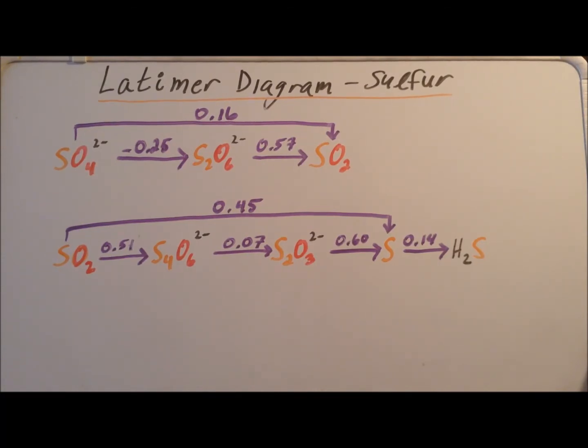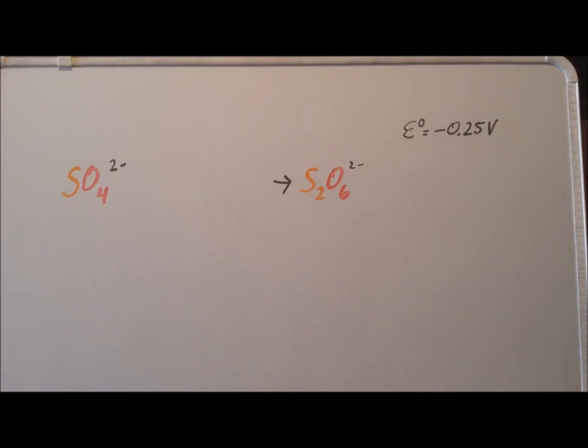The first reduction that we are going to look at in detail and balance is the reduction of sulfate to dithionate ion. In the Latimer diagram, we have sulfate ion to the left, then we have the arrow, and then on the right hand side we have the dithionate ion.